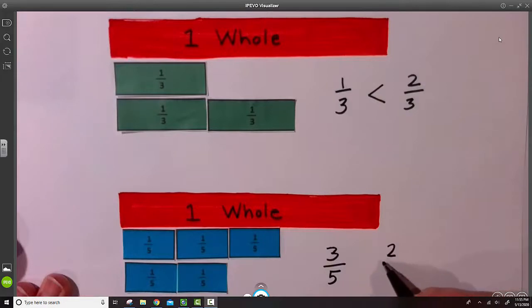I think it's somewhat easy and relatively obvious when our denominators are the same. Of course, the numerator with the higher number will be a longer length than the other fraction. So 3/5 compared to 2/5: 3/5 is greater than 2/5.